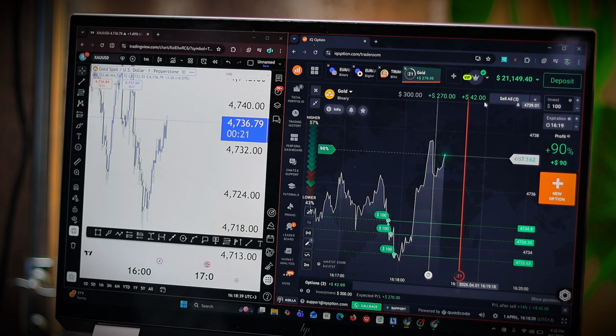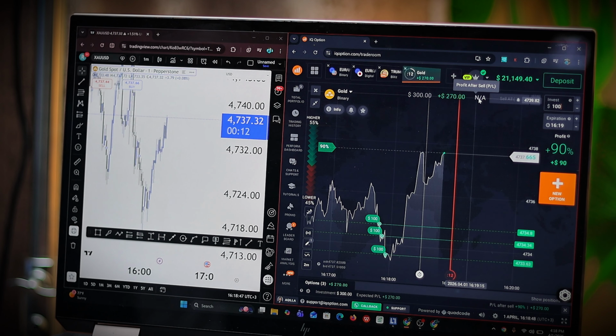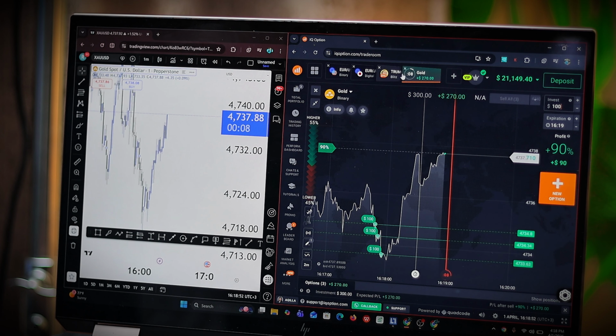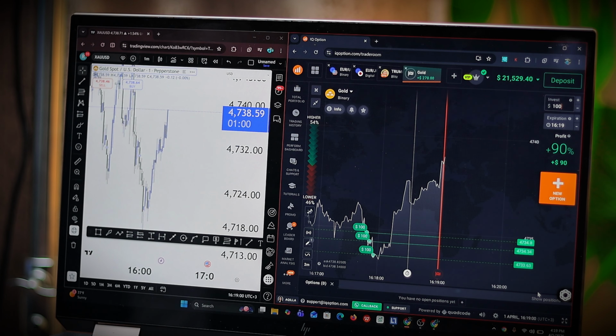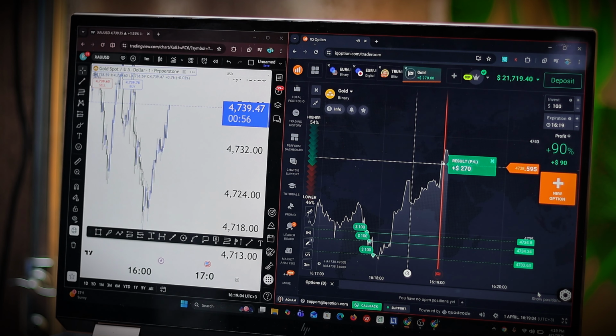If I just close right now, I'm still going to be in profit. But the time is almost up, so it's not applicable, because the market is up. Seconds to go, profit, closing. The market is moving up and boom, $270 gotten from that market.